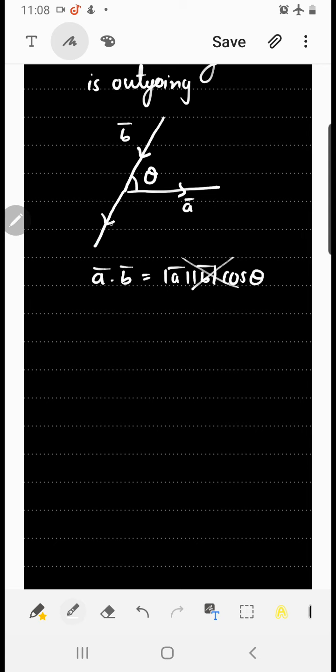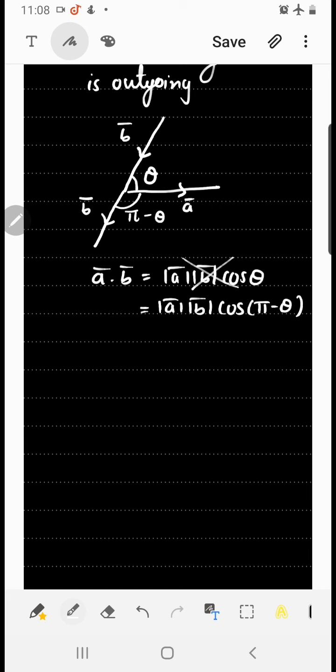Now both components are same, so can I say this is as good as b bar only? And now the direction of the vector is outgoing. So if I want to use dot product now, I'll consider this angle. And in the diagram, this angle is pi minus theta, 180 minus theta. So in such a case, a bar dot b bar would be mod of a mod of b cos of pi minus theta.